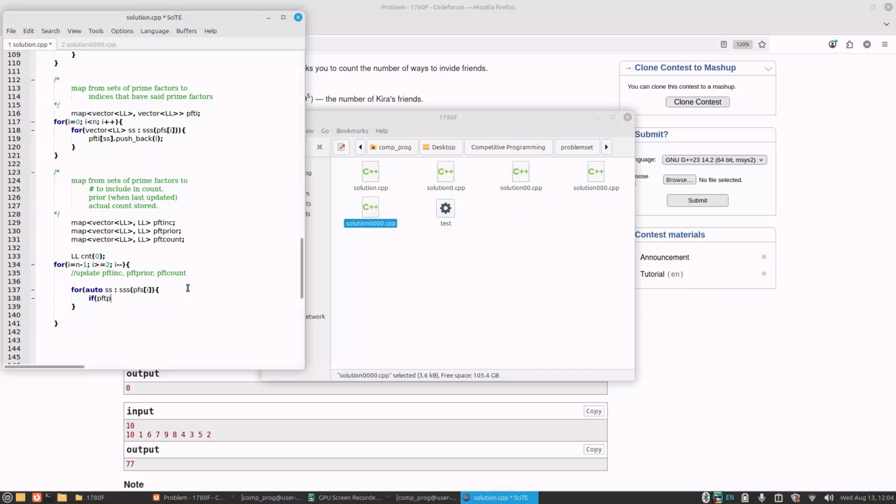If PFT, so if it actually exists, used before. PFT count plus equal p.